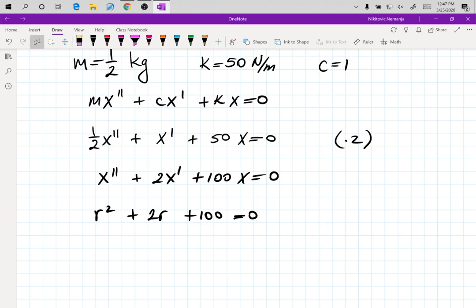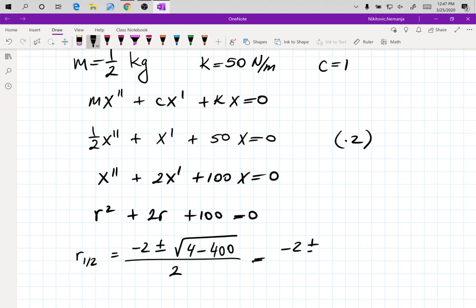Use negative b plus minus square root of b squared minus 4ac, which is minus 400, divided by 2.